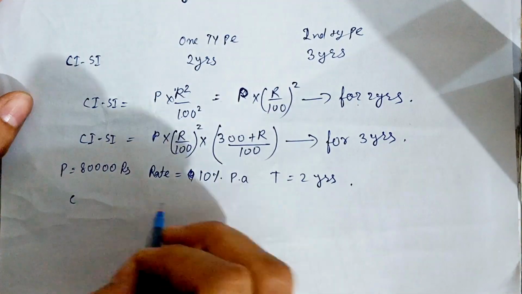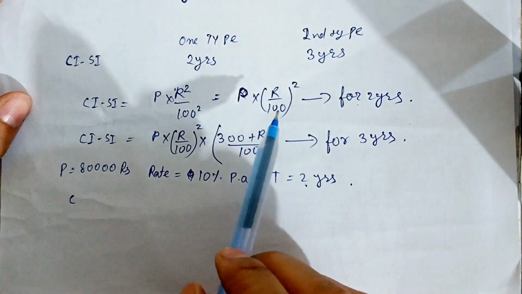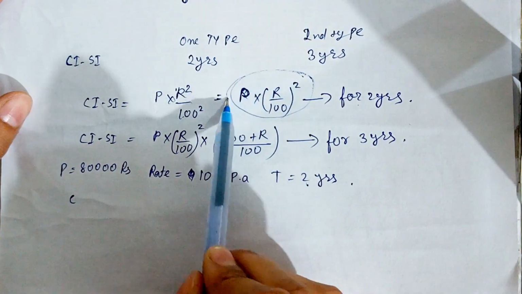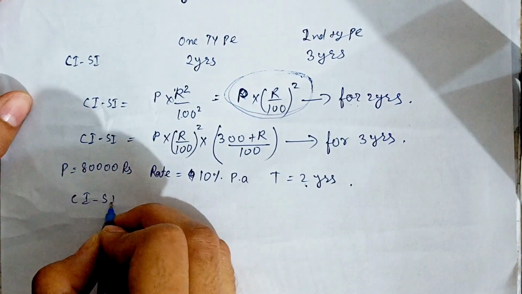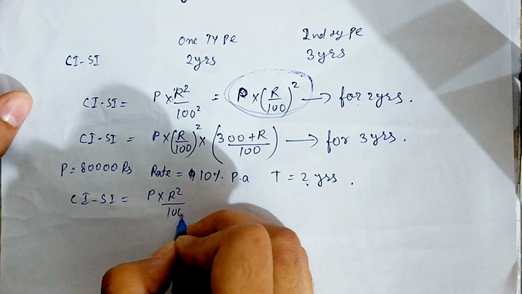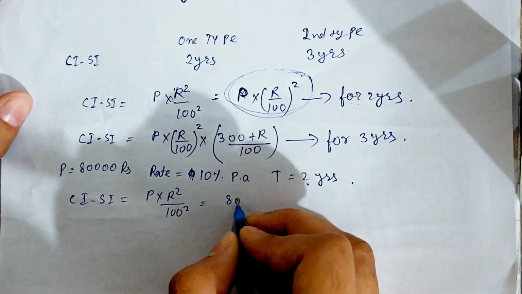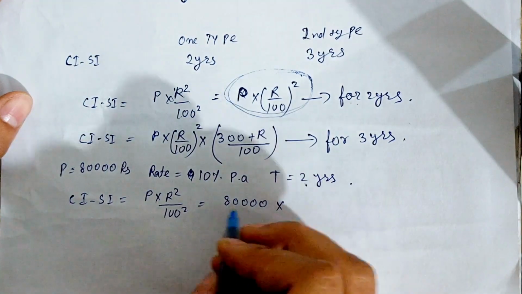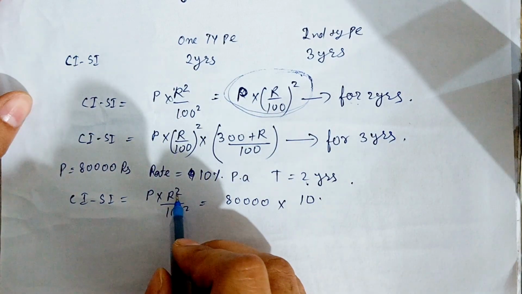Simply write down the time given, 2 years. Then we use the formula for 2 years: P into R square by 100 square. We put the principal 80,000 into the rate 10%, squared.